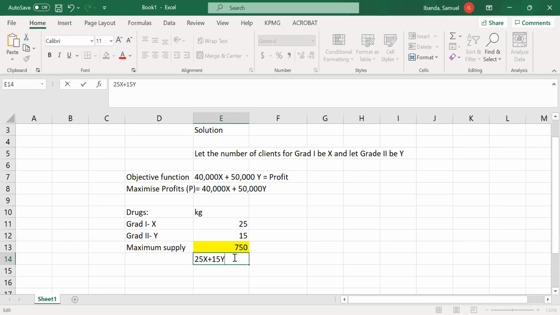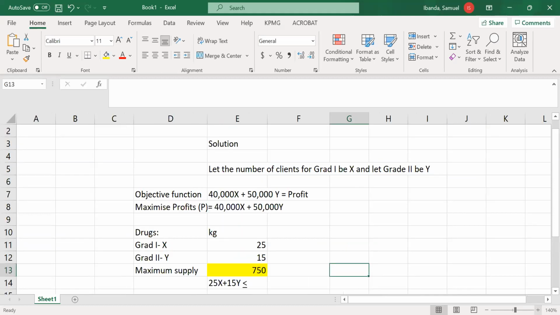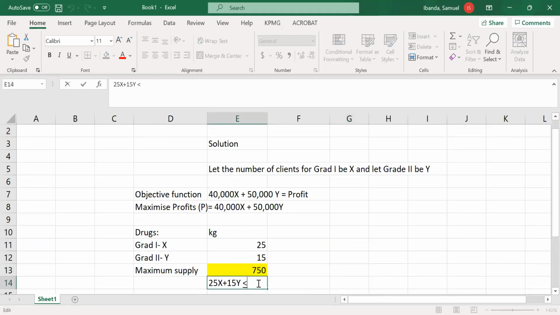So it should be less or equal to, okay? So I'm going to use my sign here. Less or equal to 750.